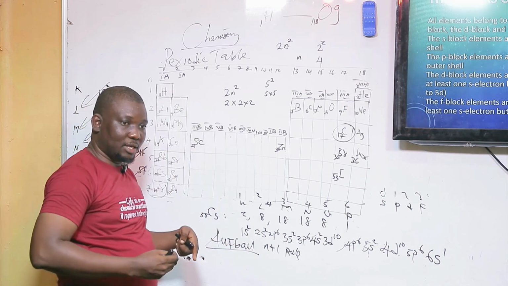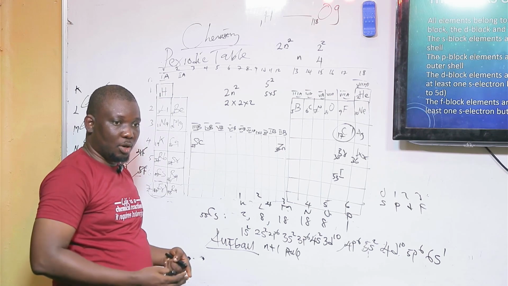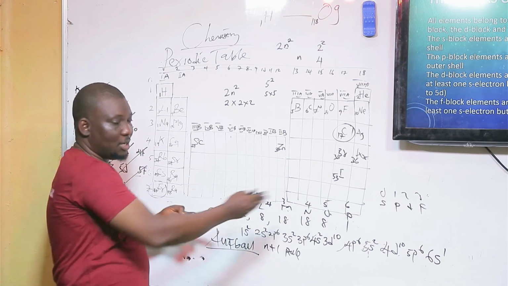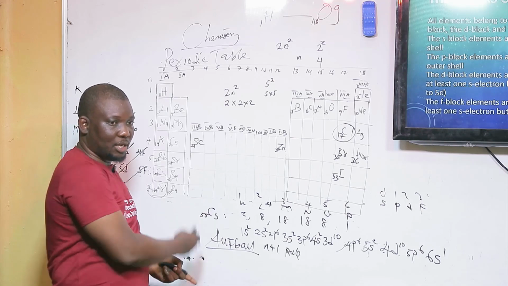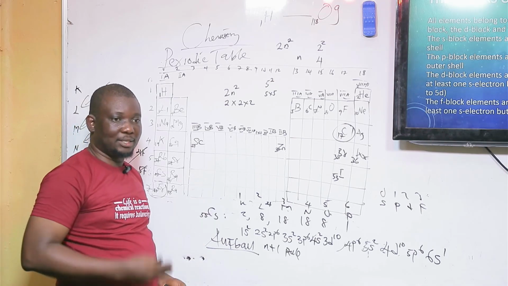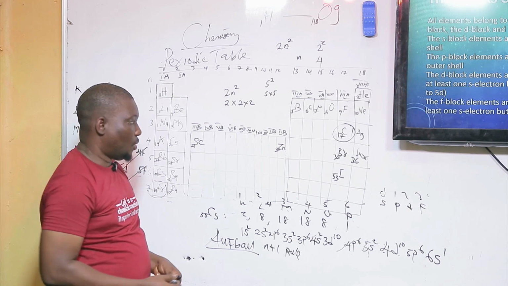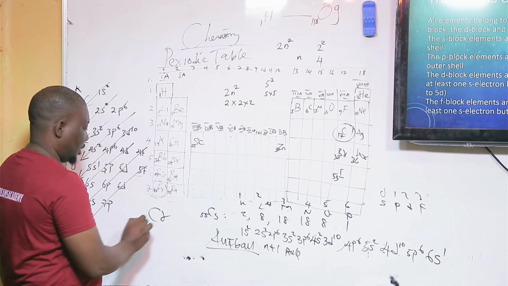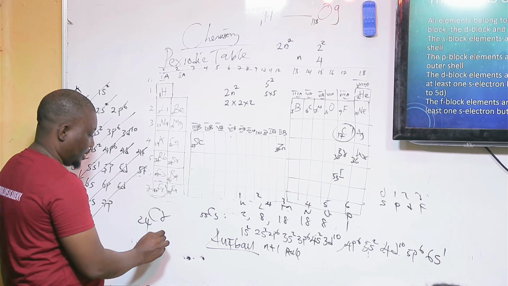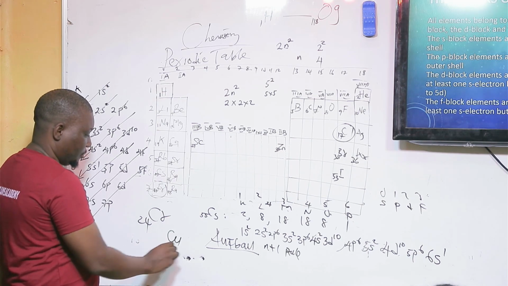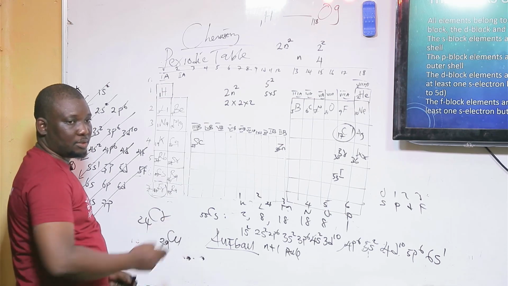There are rules that must be abided by when arranging it, but there are some few elements that still go ahead to violate it. One of the elements is chromium with atomic number 24, and copper 29. They both violated it.